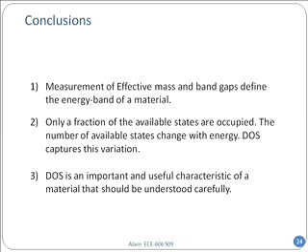And I am beginning to hopefully convince you that only a fraction of the band states are important for carrier transport, and that the number of available states changes with energy. That you can see, because effective mass changes, so of course the number of states changes, and the density of states captures that information. And this is very important.